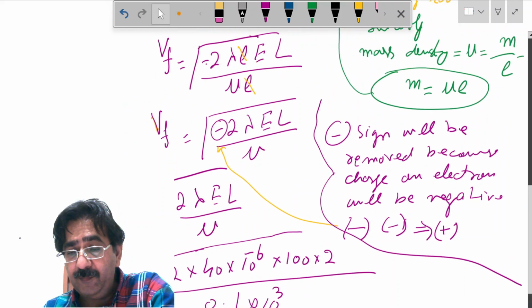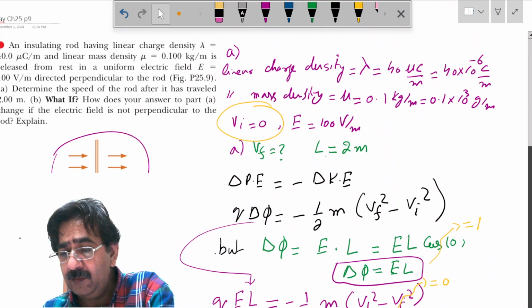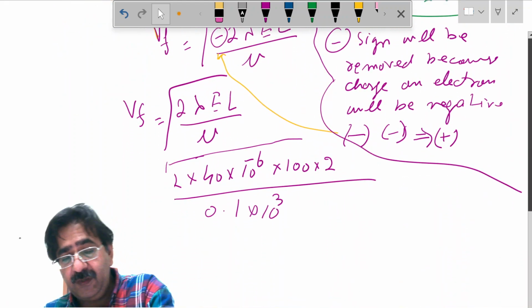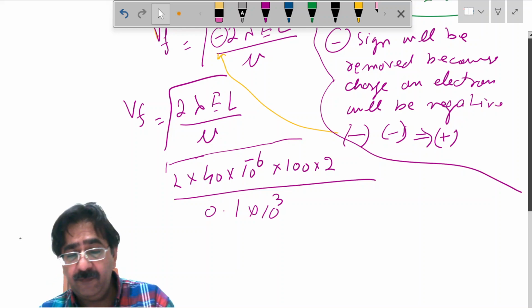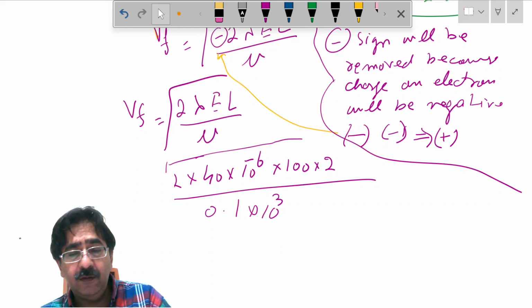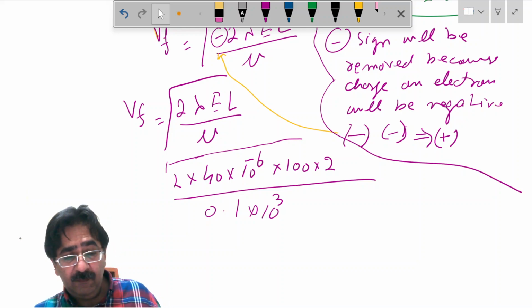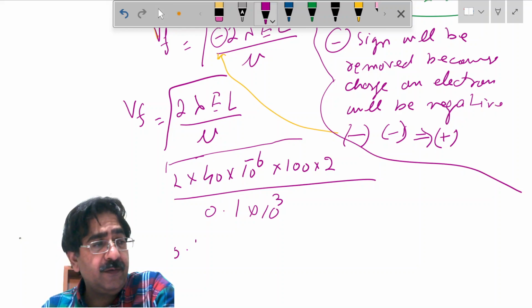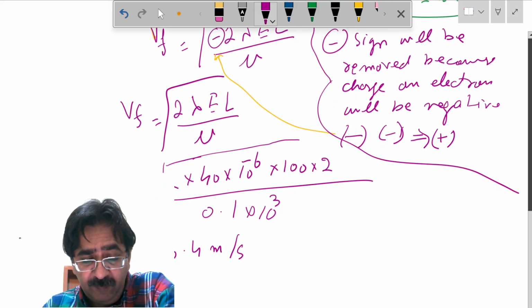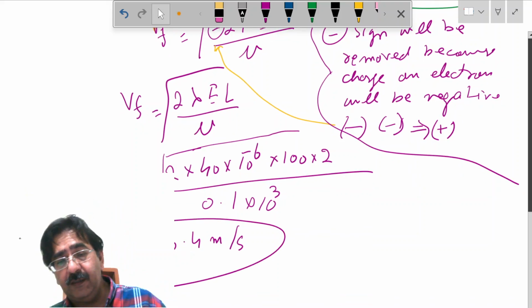So after computing all these values and calculating, you will get the required result, and that will be equal to 0.4 meter per second. So this will be your required result.